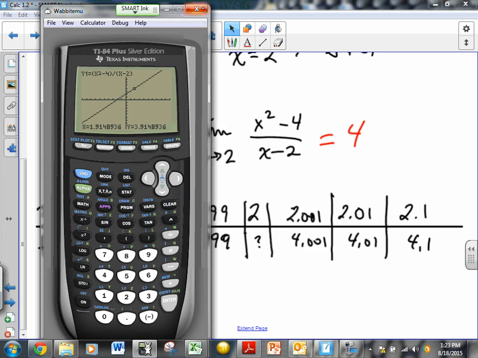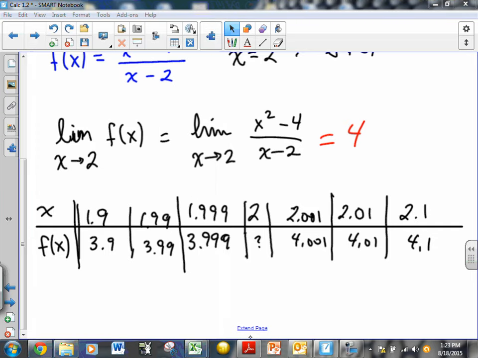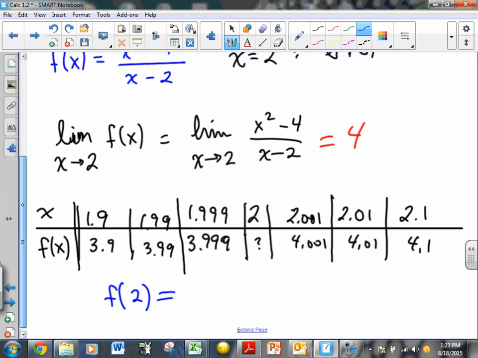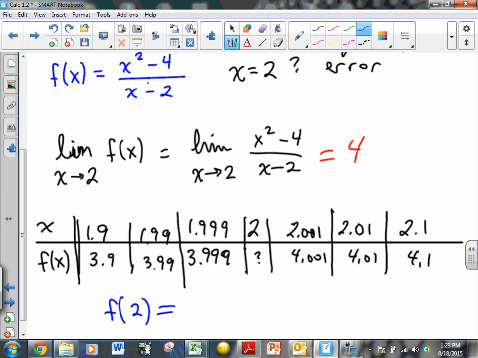Now here's the key point, what you've got to make sure to remember. This function value, f of 2, does not exist. I can't have f of 2. When I plugged in 2 here, I get 2 squared minus 4 over 2 minus 2. That's 0 over 0. Can't have that.